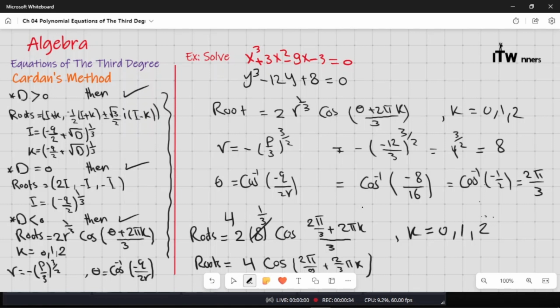The second step is to determine the characteristic of the third degree equation. If the characteristic equal to 0, then there are repeated roots of the equation. If the characteristic is greater than 0, there are distinct roots of the third degree equation, and the third case is when the characteristic is less than 0. I hope all of that is clear, and thank you.